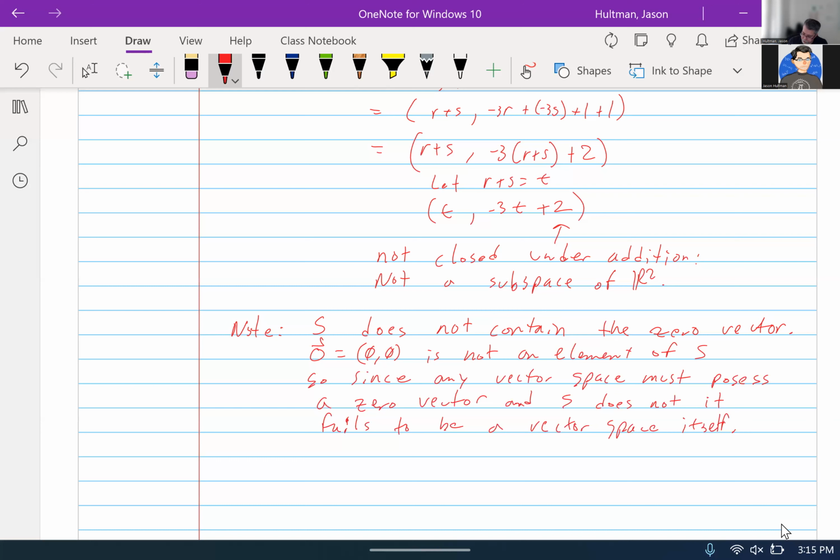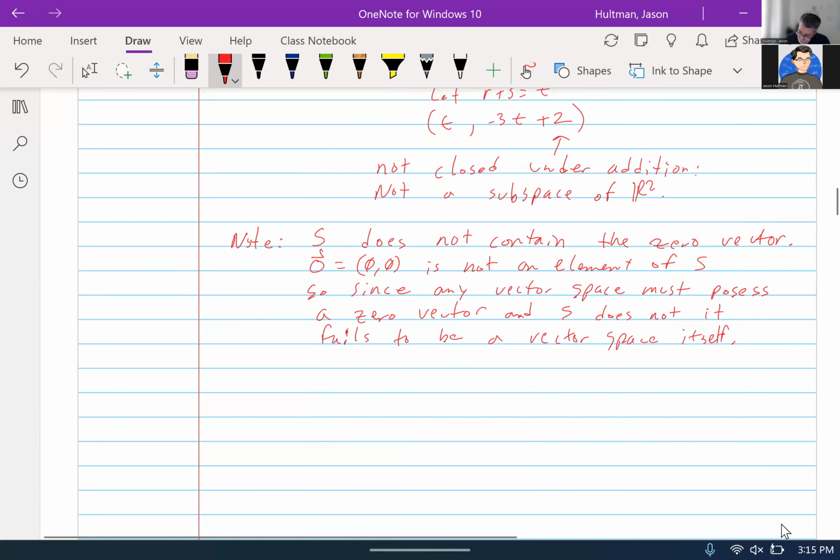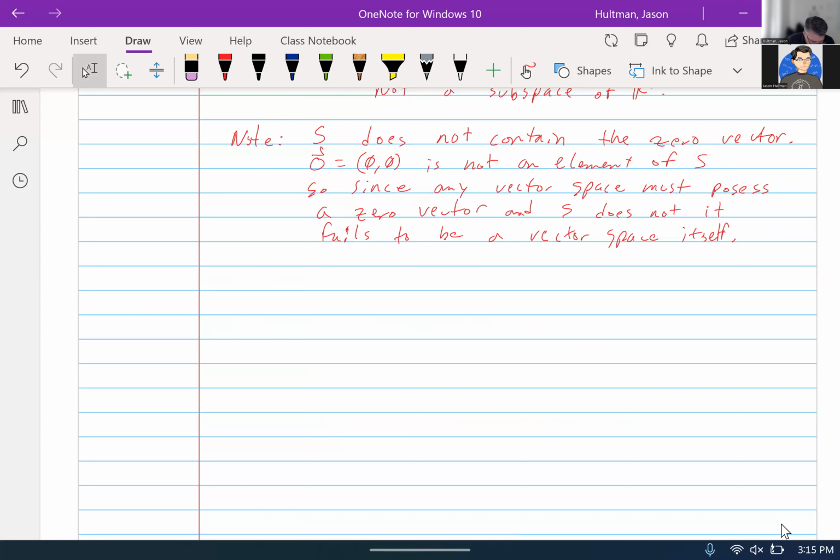Okay? We know that R2 is a vector space, but because there is no 0 vector in the subset, not only is it not a subspace, but it could never be a vector space. Okay, so that's the 0 vector check.